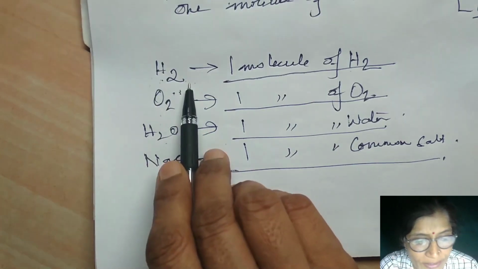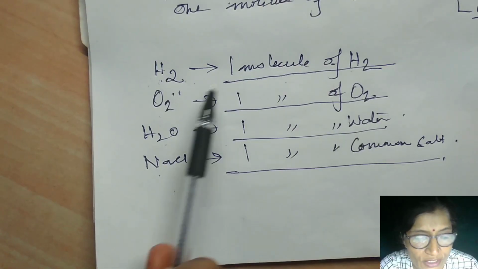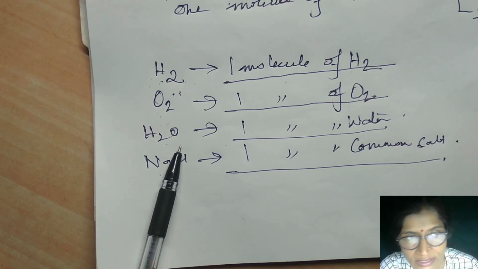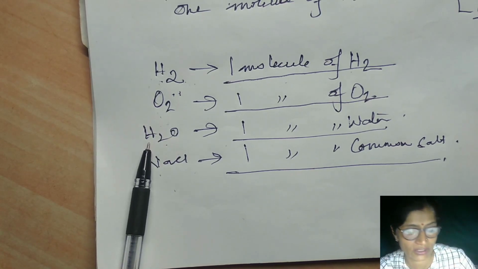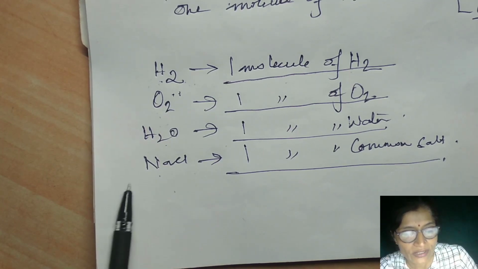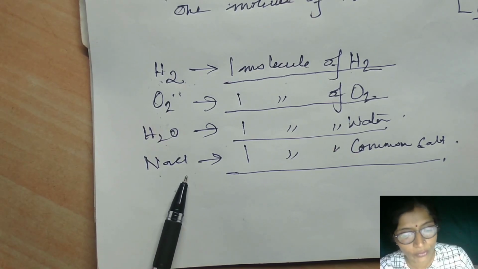So H2 represents that one molecule consists of two atoms of hydrogen. O2 represents two atoms of oxygen. H2O represents two atoms of hydrogen and one atom of oxygen. And sodium chloride represents one atom of sodium and one atom of chlorine.